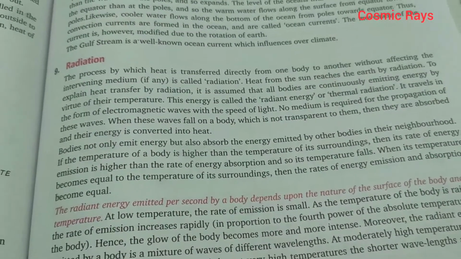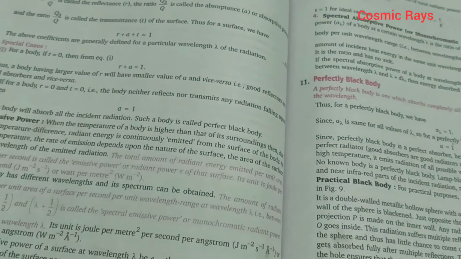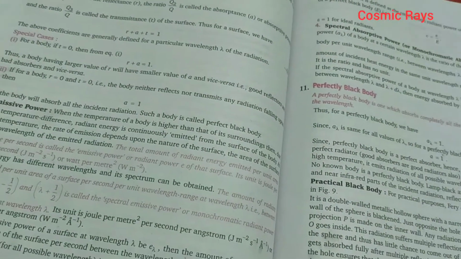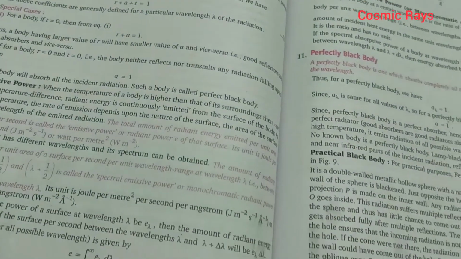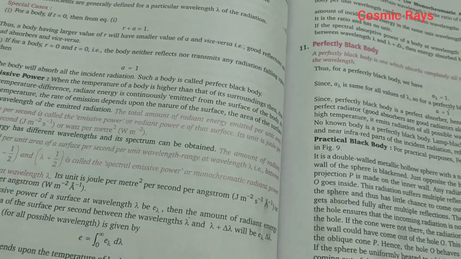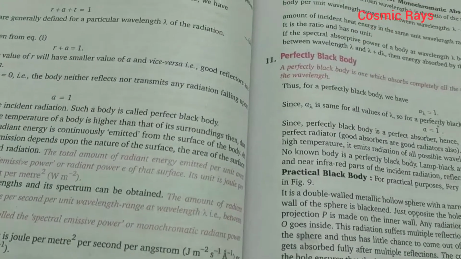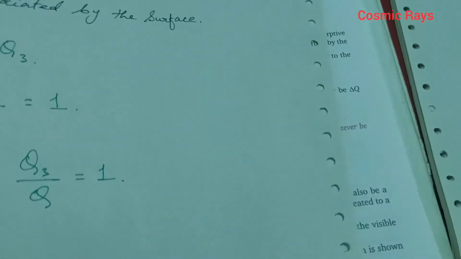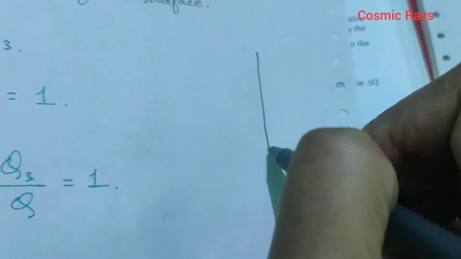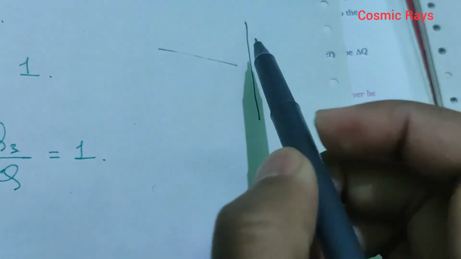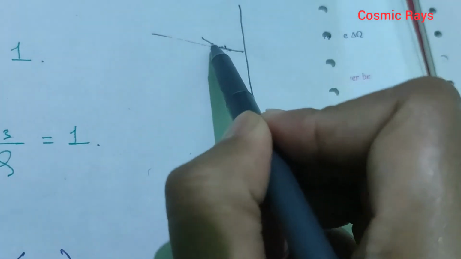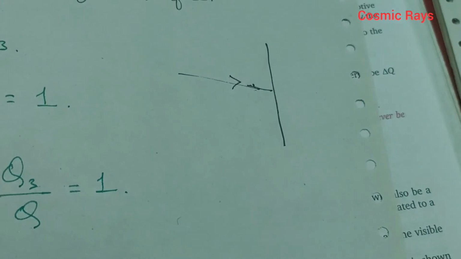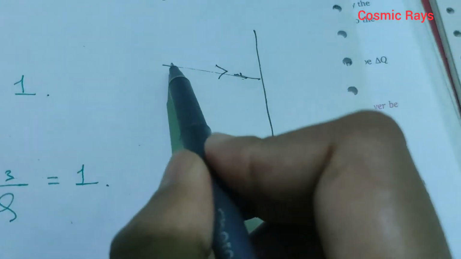When we talk about radiation, we have to understand that whenever there is radiation falling on a surface, there can be three phenomena taking place. If there is a surface and radiation falls on it, then there are three possible ways this radiation will behave.